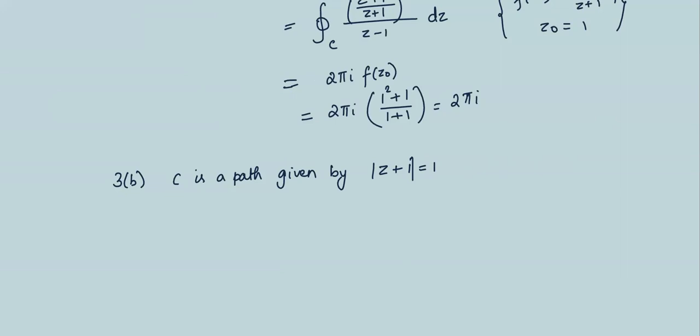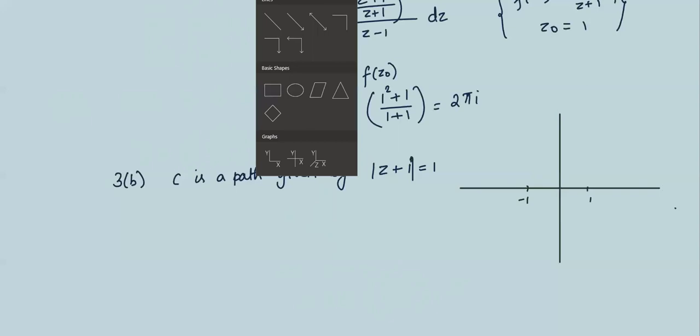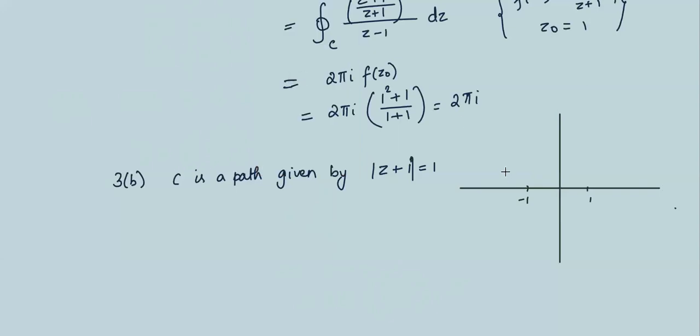So in the Argand plane, this is 1, this is -1. Now the circle.